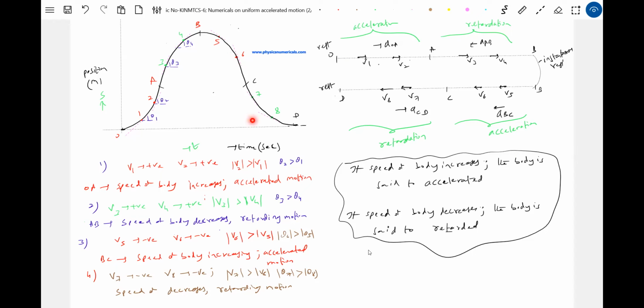The instantaneous velocity. So speed increases, acceleration. Speed decreases, retardation. Okay, I agree. So there's one background we needed. If you know the VT graph, you should know how to plot the ST graph. If you know the ST graph, you should know how to plot the VT graph.